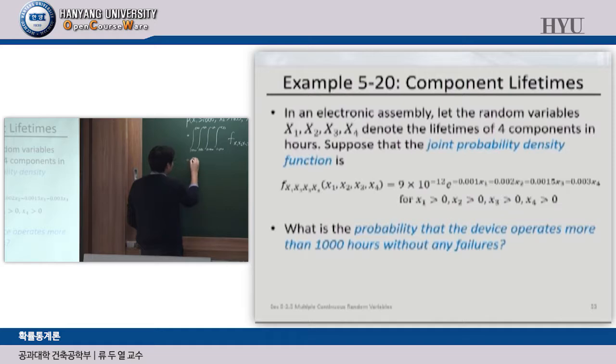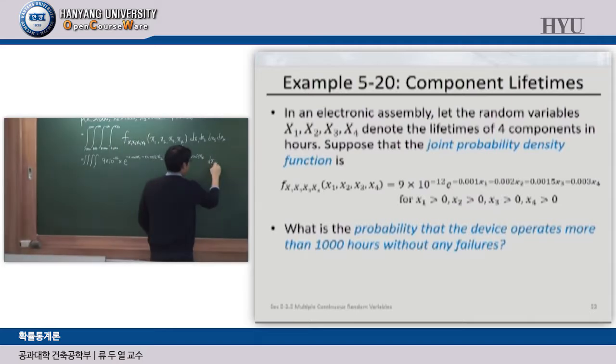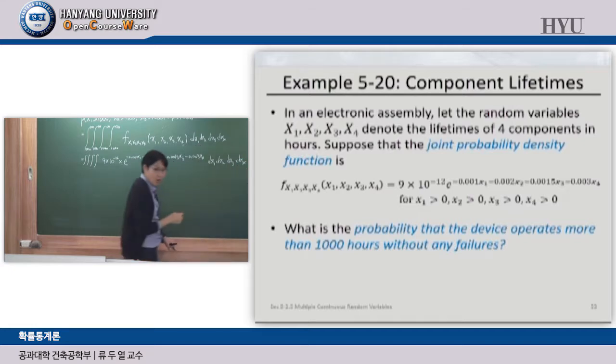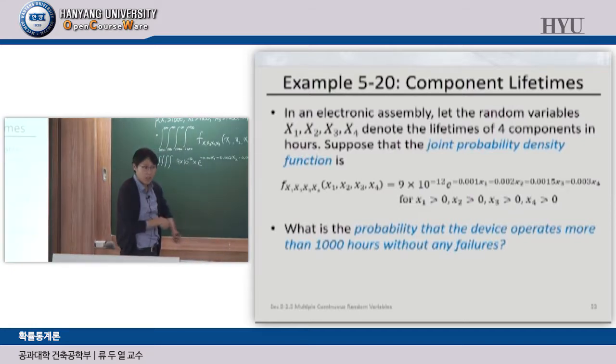And this is equal to the integration of 9 times 10 to the minus 12th power times exponential of minus 0.001 x1 minus 0.002 x2 minus 0.0015 x3 minus 0.003 x4, dx1, dx2, dx3, and dx4.